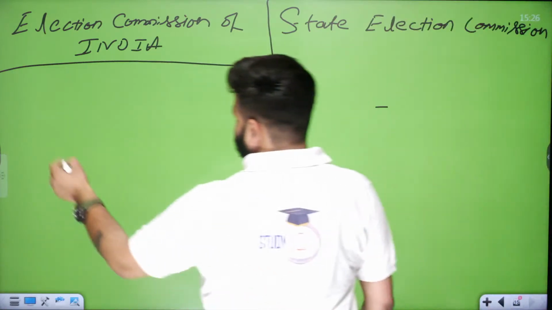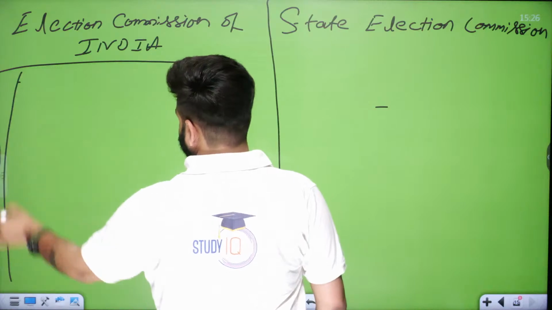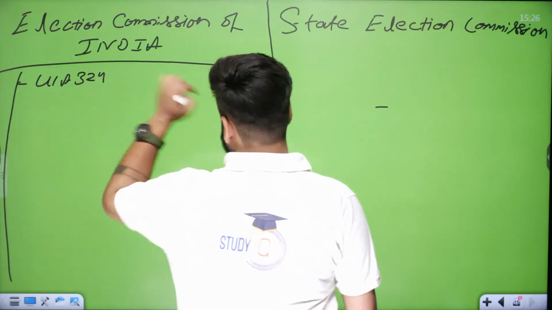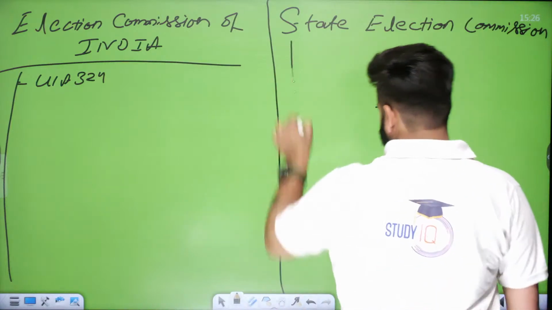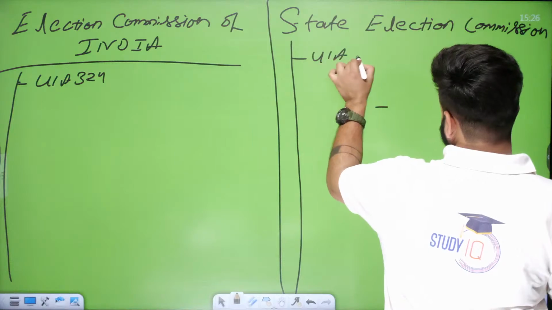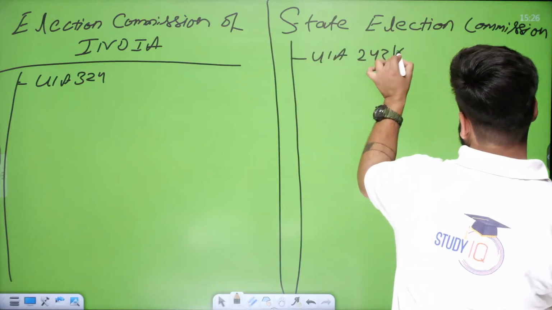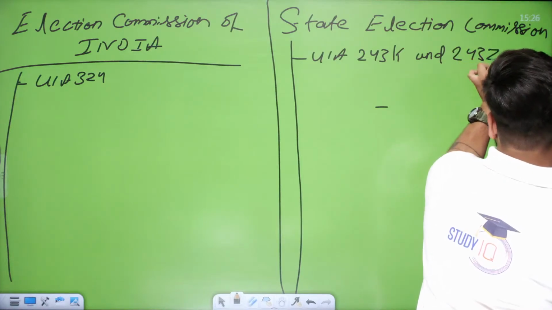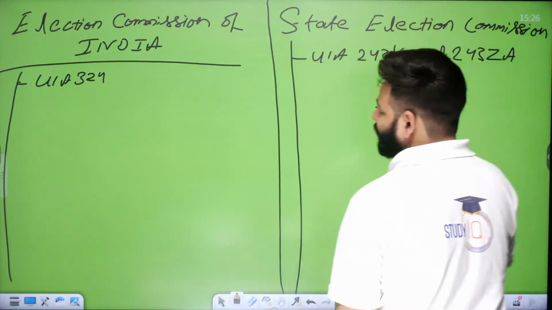The basic difference: firstly, the Election Commission of India is dealt with under Article 324, whereas the State Election Commissions are dealt with under Article 243K and 243ZA, right?